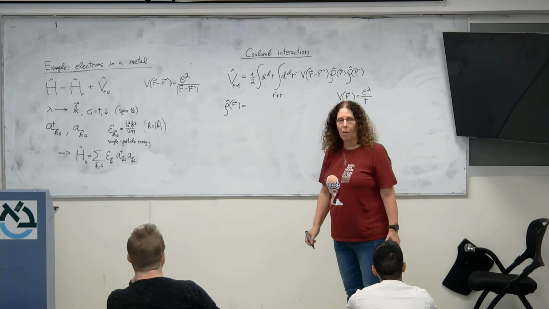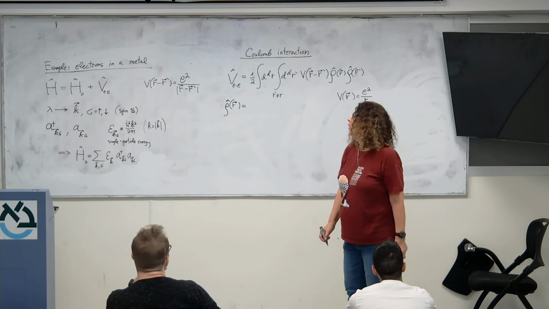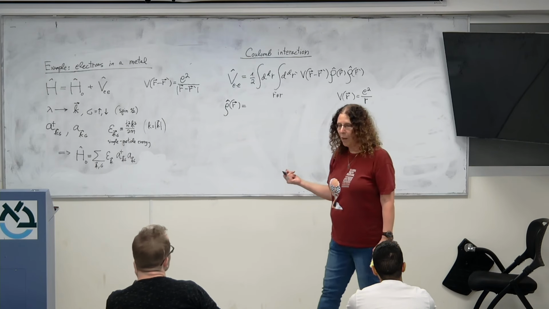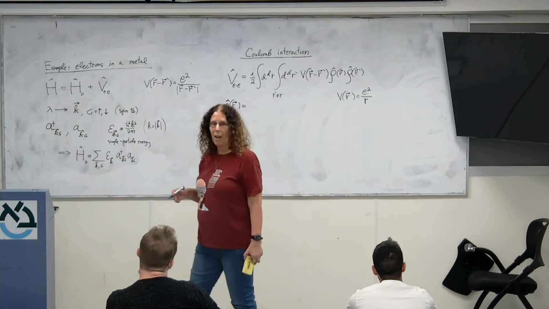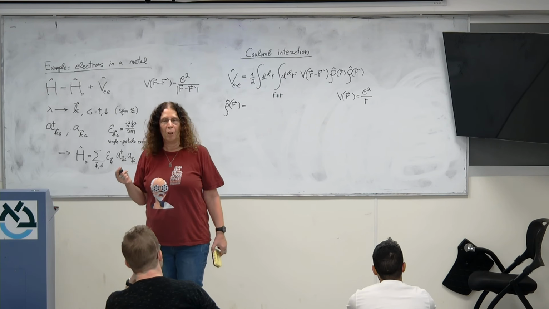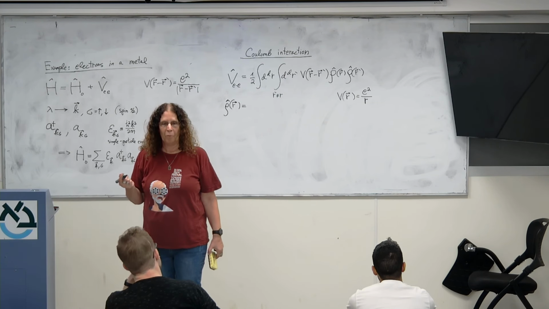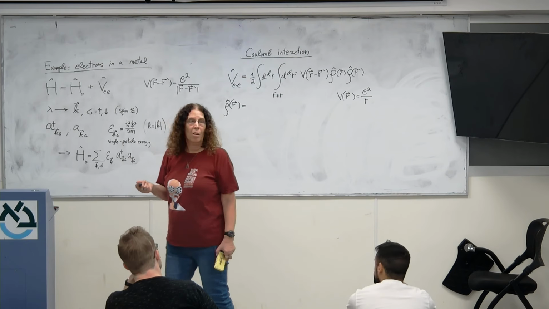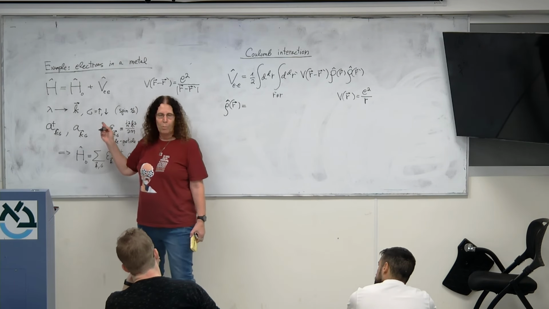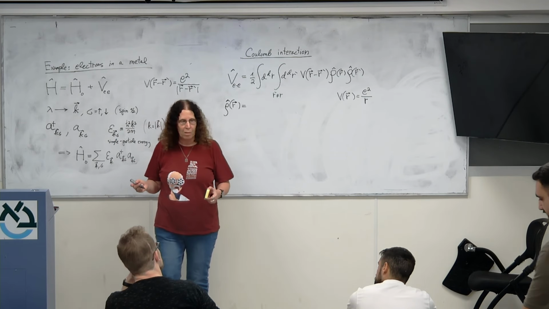in second quantization notation. Before, remember, I defined it as just psi dagger R, psi R. But here we have another degree of freedom, the spin, right? So we can convert from K space to R space. This is just a change of basis.